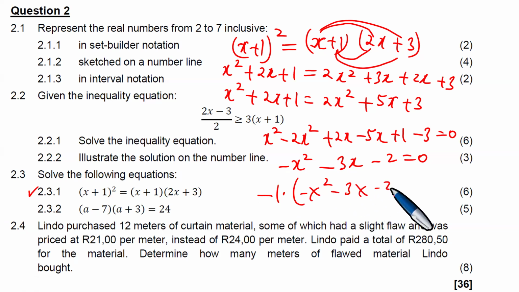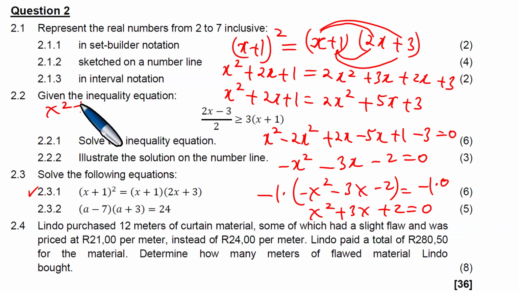But in mathematics, whatever you do on the left must be done on the what? On the right as well. So you multiply by -1 on the left, but also on the right. So this is exactly x squared plus 3x plus 2 equals -1 times 0 is 0. By multiplying by negative, you make sure that this x squared now has a positive coefficient. So we have exactly x squared plus 3x plus 2 equals 0.